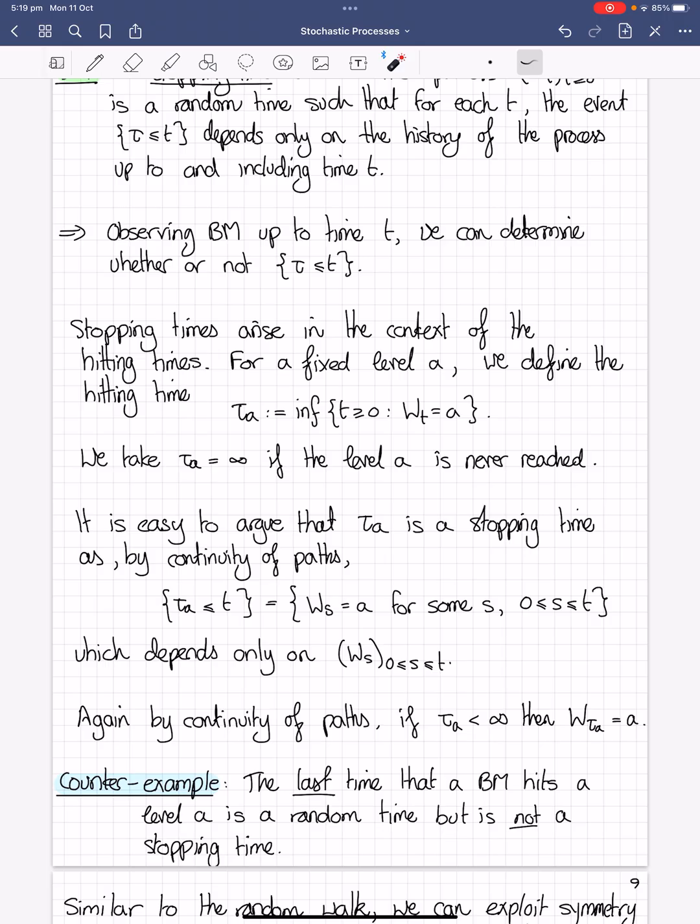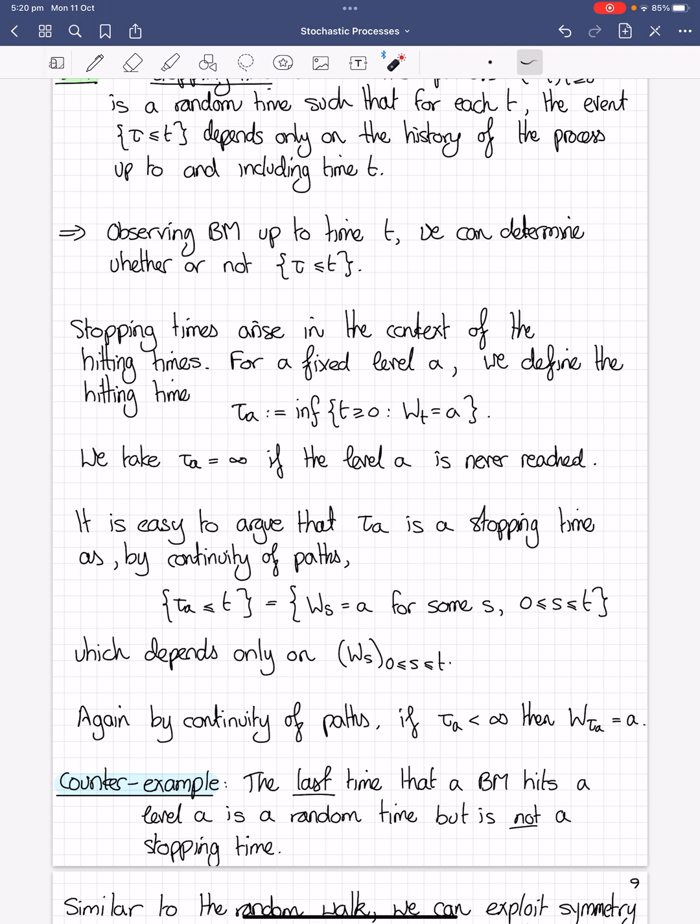As I said, Brownian motion is an interesting process, because no matter what level or value you choose, you can wait for some time, it could be a very, very long waiting time, but the Brownian motion will return to that point.